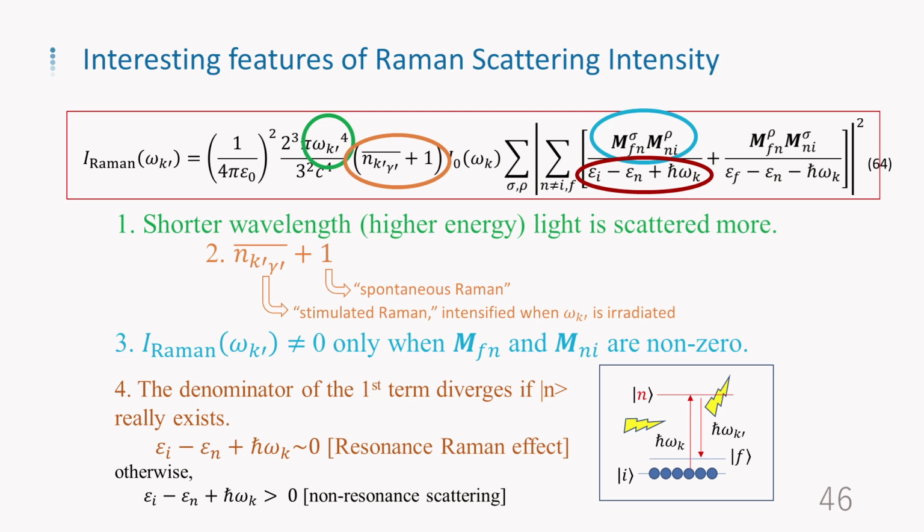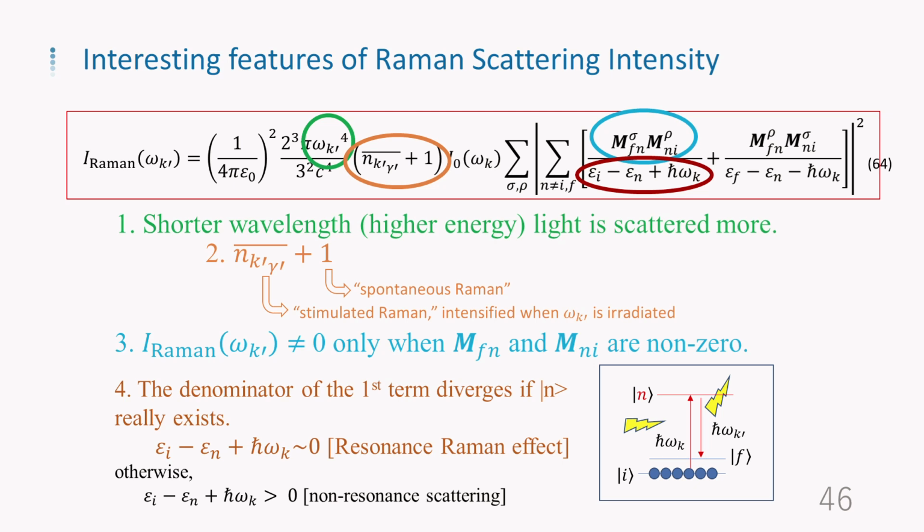On the other hand, here is a sample. Irradiate a light, and Raman scattering occurs. We set one more light.